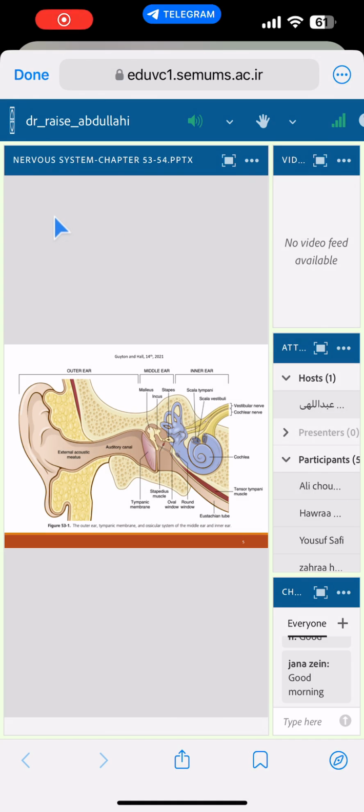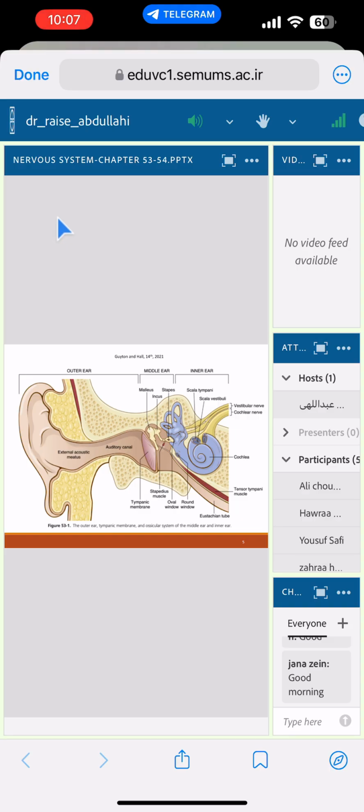To some bones, some tiny bones: malleus, incus, and stapes. As you know, a human has 206 bones.